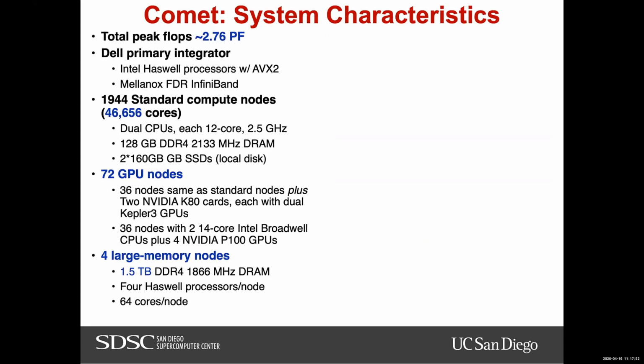Some key statistics: 2.76 petaflops. Dell's our primary integrator, 46,000 plus cores, 72 GPU nodes, two kinds of nodes. And I just want to point out very quickly, to use Comet, you need to get an allocation. There's many kinds.